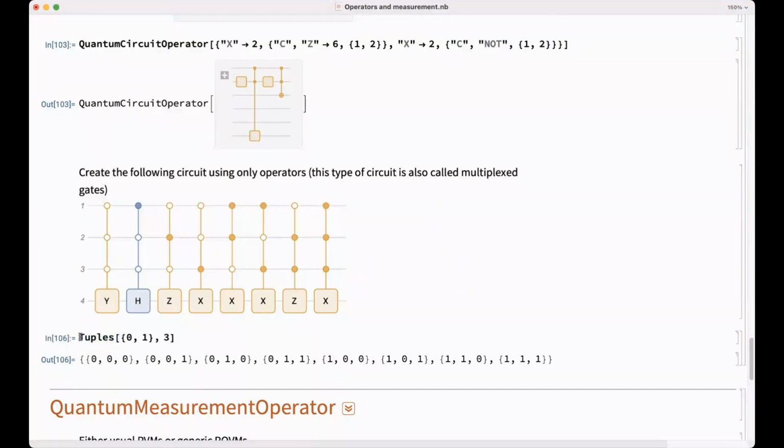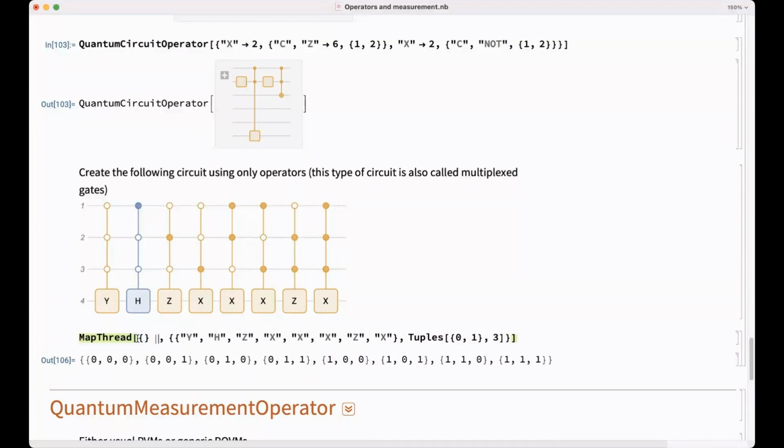Now, how can we write down the corresponding operator? What we need to do is create a series of control gates. So first, we specify the operators Y, H, Z. That's the sequence that we have.